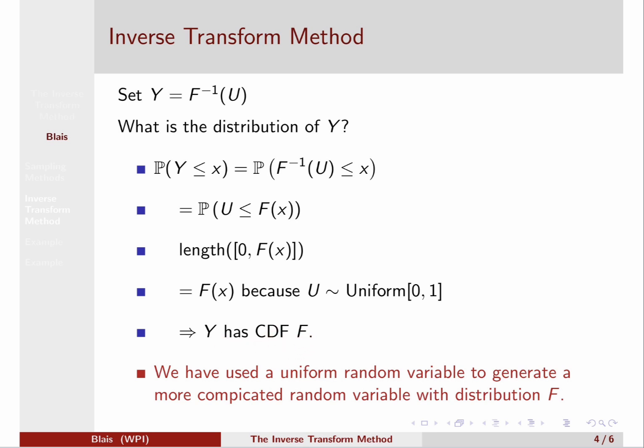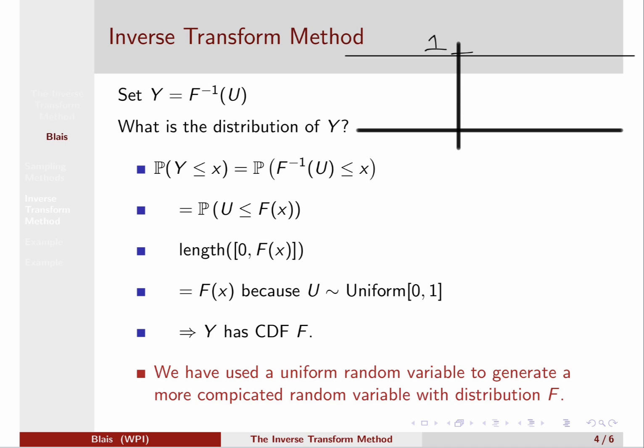And the idea is that we have used a uniform random variable to generate a more complicated random variable by using its CDF kind of like a filter. So we can also imagine it graphically in the following way.